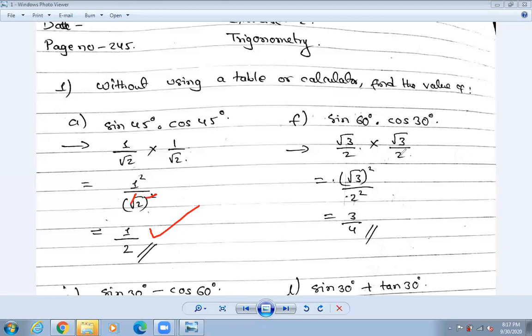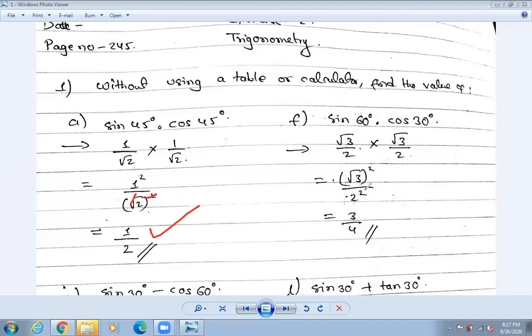So it is also √3/2. So √3 into √3 will be √3 square, and 2 into 2 is 2 square, otherwise we can write 4 also. We need to cancel this square root, that's why we are writing it as a whole square.